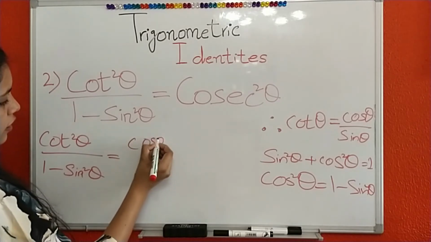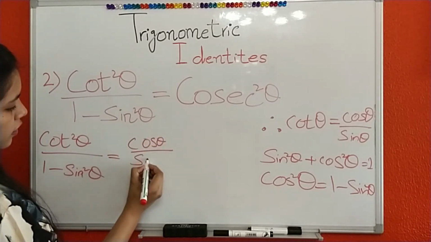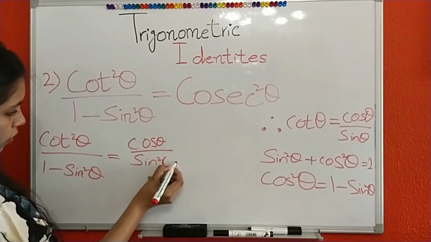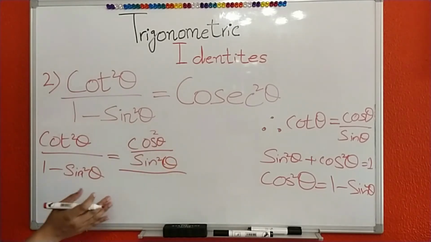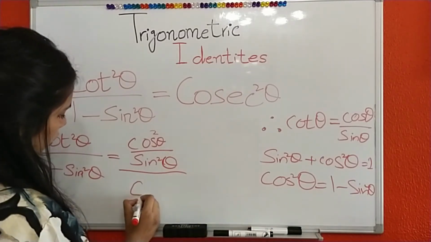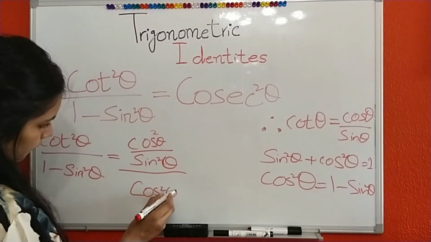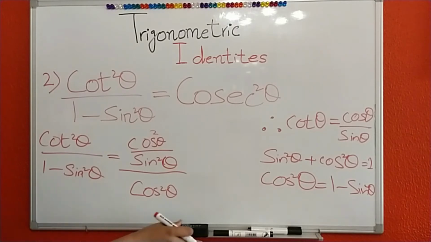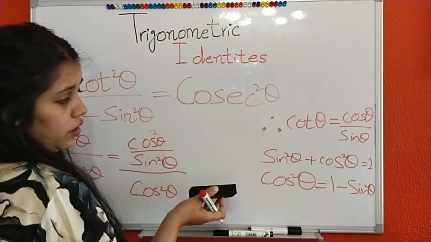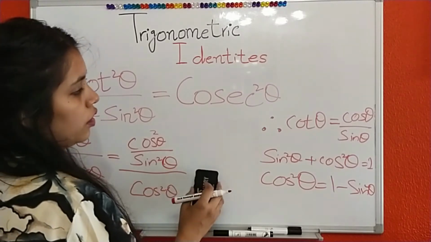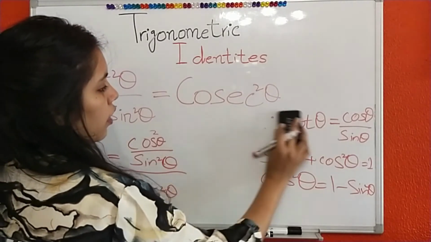Cos theta over sin theta. So cos² theta over sin² theta over, and this value is equal to cos² theta. Now I am erasing the formulas. You can note these formulas if you want.